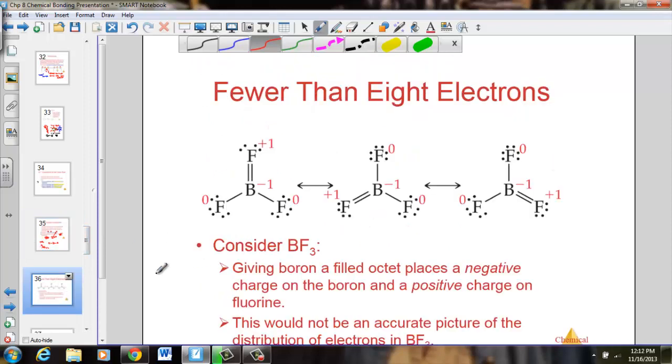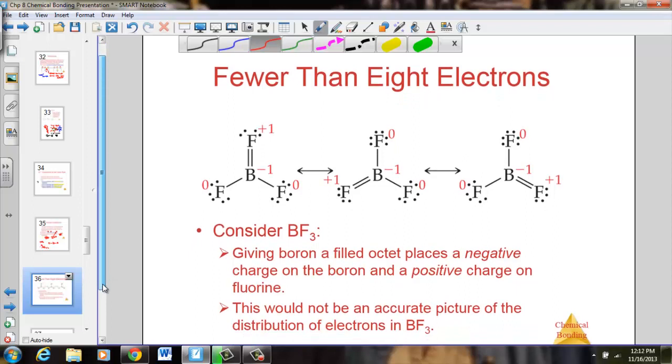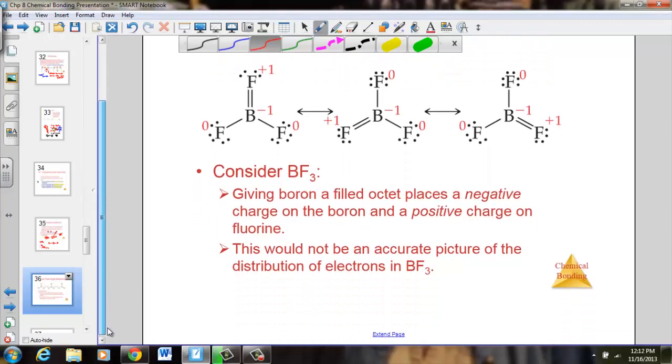Our second scenario, sometimes we will have fewer than 8 electrons. Here's a situation where we have BF3, boron trifluoride. Boron trifluoride is a molecule which will break the octet rule simply because the boron itself has fewer than 8 electrons.